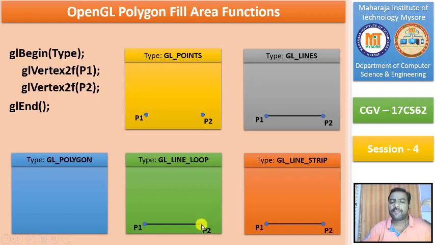Yes, it is happening. There is another line drawn from P2 to P1, but as one is overlapping the other, you are not able to visualize those 2 lines. But look at the polygon: there is still no output if you pass GL polygon as the type with 2 vertices.